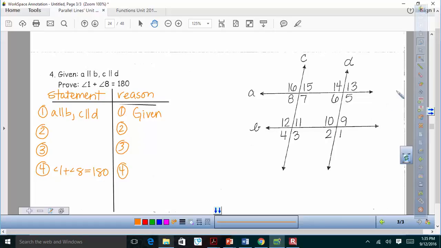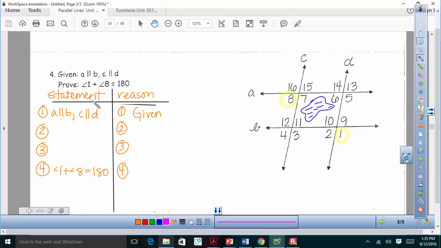Okay, so now I'm ready to start my proof. I'm going to go ahead and draw my lake here so I know that I can't go through the center. I'm going to circle my 2 angles, so angle 1 and angle 8. Okay, so let me ask you a question. Is there an angle that is consecutive to 1?